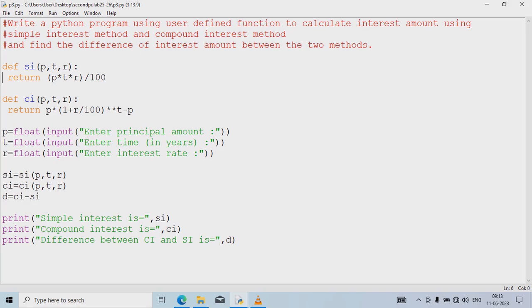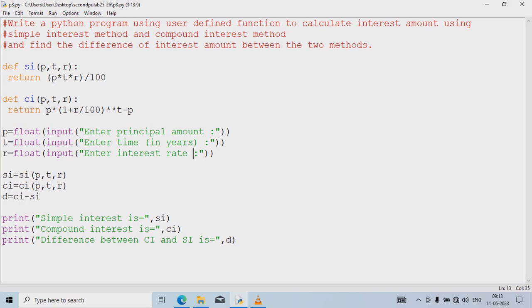Okay, the simple interest formula is P * T * R / 100. P means principal amount, T means time in years, R means rate of interest in percentage.